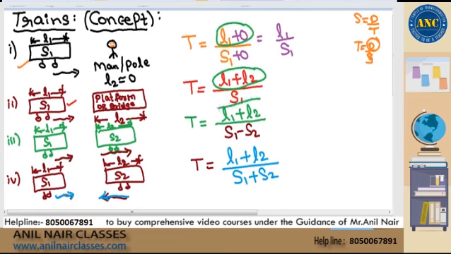If L2 is 0, make it 0. That's the only difference. Similarly, in every case the denominator is speed. If only one body is moving, write that speed. If two bodies are moving in the same direction, subtract. If they are moving in opposite directions, add. This is the basic concept to understand the problems. I hope it is clear.